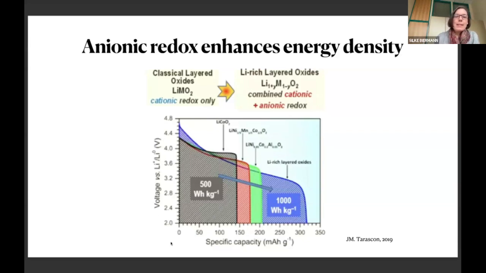And that means you would like to enhance both the voltage and the specific capacity. The more lithium you can take out, the more capacity you have. If you can, by the tricks of the anionic redox, extend the area to this side here, even if you have somewhat lower voltage, you might still be favorable in terms of energy density.